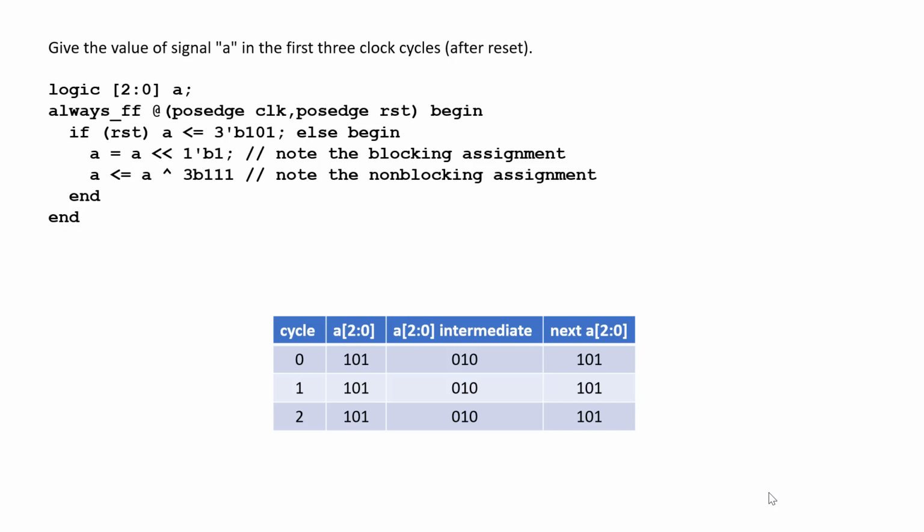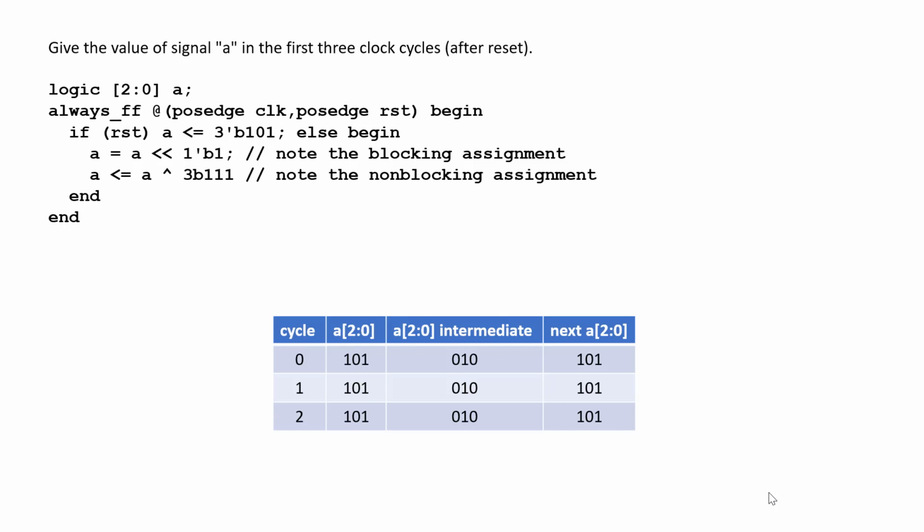It was my fault. But the way this works is this equal sign is called a blocking assignment. And this equal sign, which is actually a less than equal sign, meant to look like an arrow, is a non-blocking assignment.